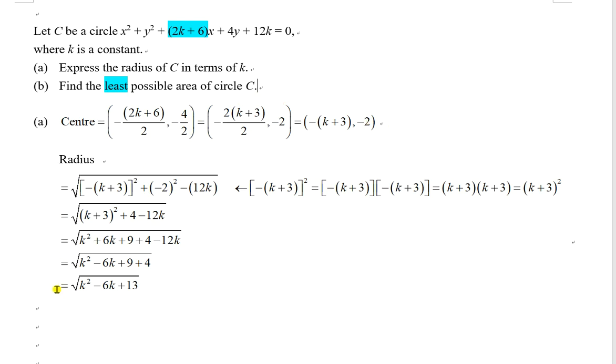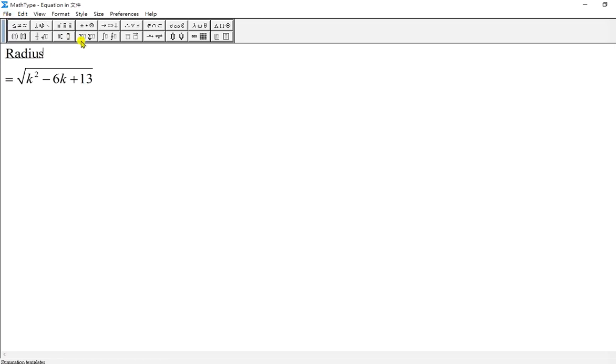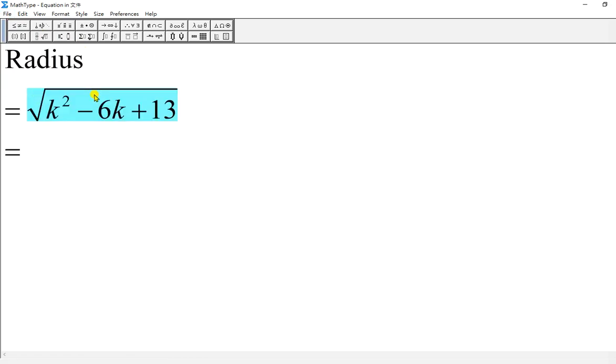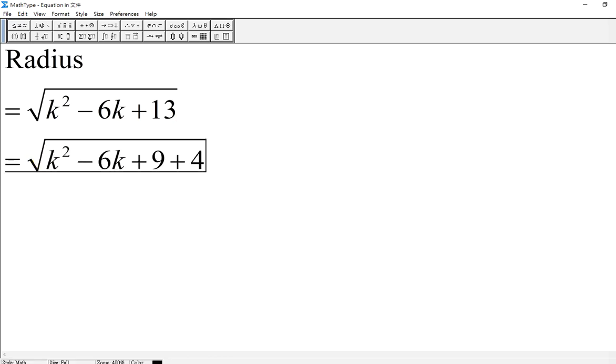As you can see in this part, the radius of the circle, or the size of the circle, is mainly controlled by the value of k. So that means I want the value of the radius to be the smallest. That means I want this function k squared minus 6k plus 13 to be the smallest. That's why we could consider completing the square.